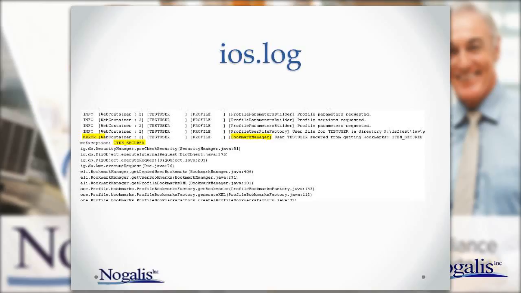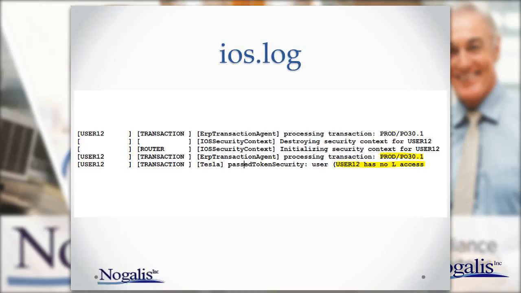I don't know how well you can see this one, but I have a better screenshot in the next slide. This is the IOS.log, actually. I've zoomed in here a little bit. This is literally something that came up as I was putting this presentation together. I have a customer that had an issue and wanted to debug it, and this is the only way I could find out what was wrong. The user was going to PO30, but they had some issue, and couldn't figure out what the problem was.